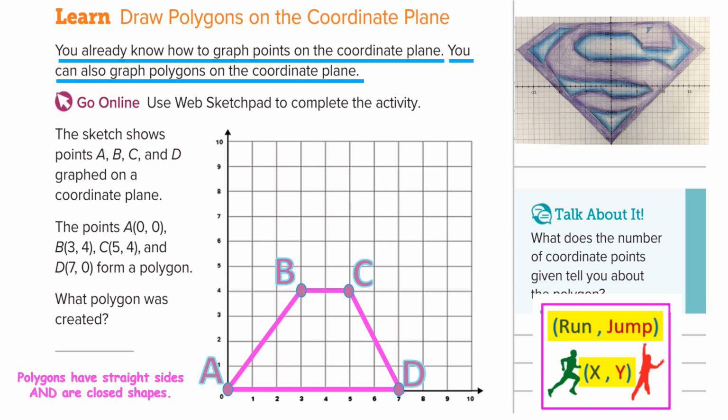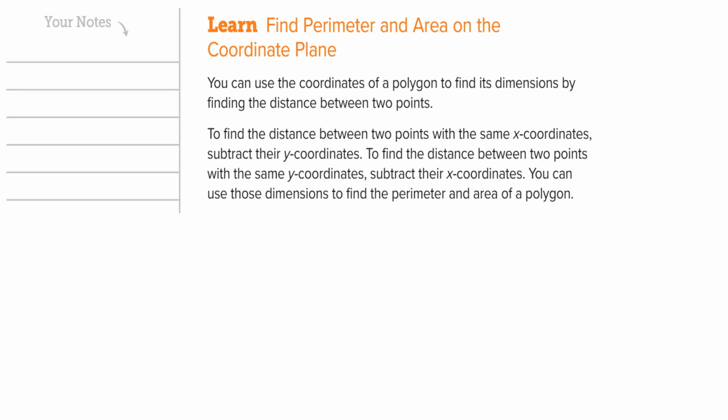Now it is a polygon. That is a four-sided polygon where it has one set of parallel sides. That means that is a trapezoid. Right? Should be pretty easy plotting these. Not a difficult lesson.